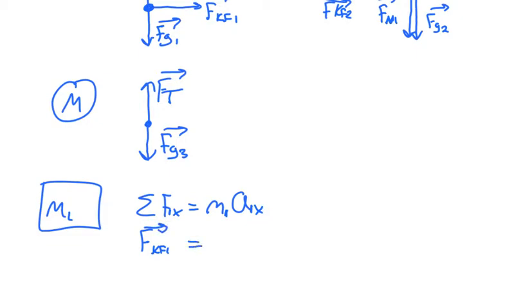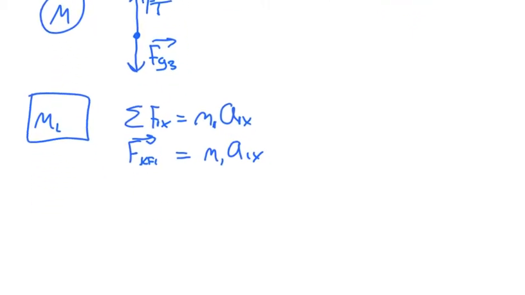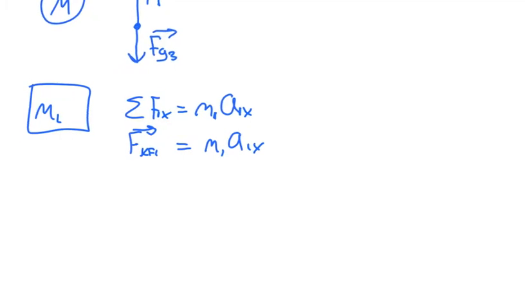And then that's going to be equal to m1 times the acceleration 1 in the x. Now that force of kinetic friction, I don't know a number for that. We won't know numbers for any of these. But I do know that that's going to be equal to the normal force times the coefficient of kinetic friction.